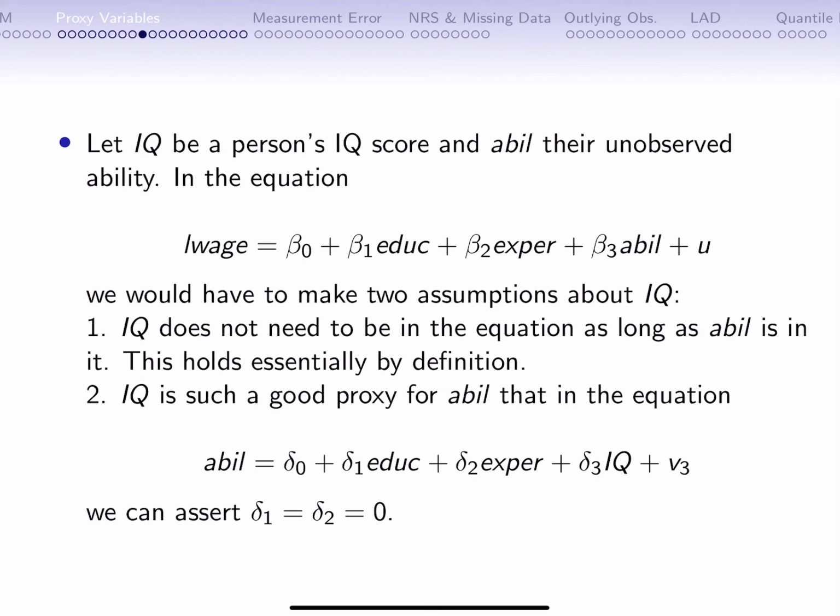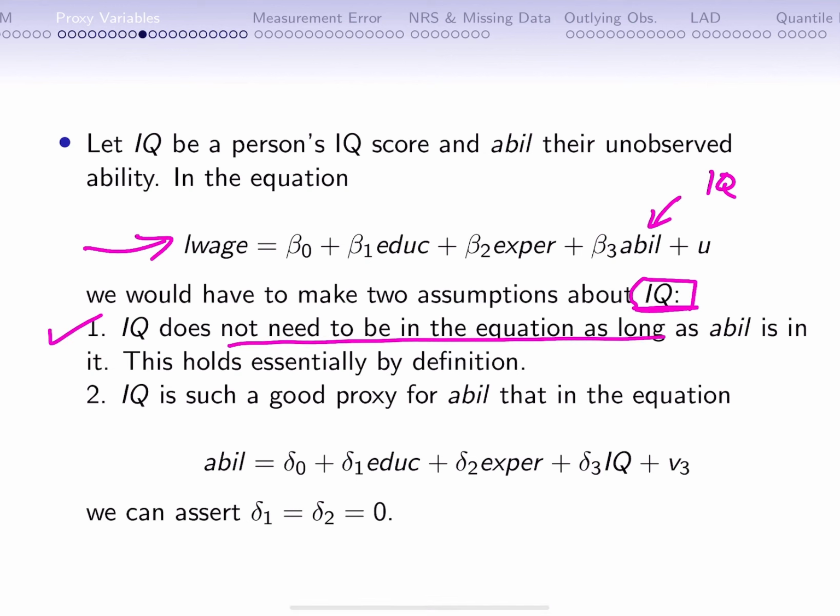So what we can do is write out that equation again and make two assumptions about IQ, which is our proxy variable, right? So instead of ability, we want to include IQ. The first thing we want is that IQ does not need to be in the equation as long as ability is in it, right? So if you can measure ability, if you have data on it, you don't need a proxy, right?